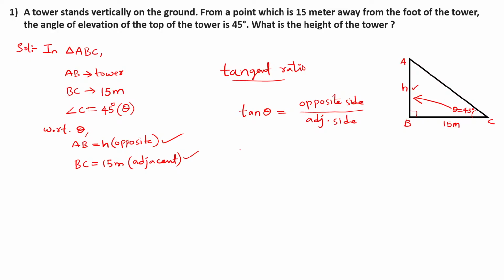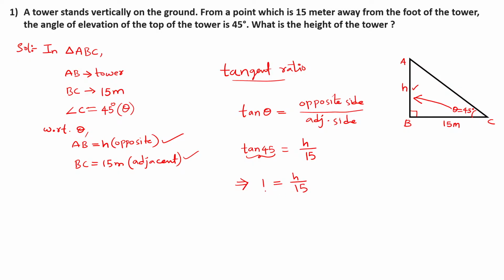So theta value he gave 45 degrees. Opposite side we have h, by adjacent side we have 15. And from the trigonometric ratio table, we have tan 45 value as 1, equal to h by 15.